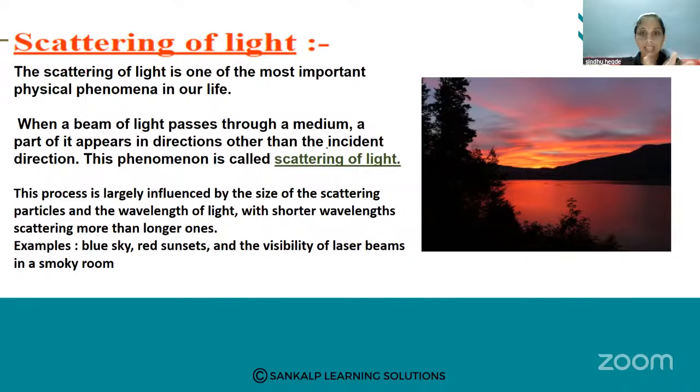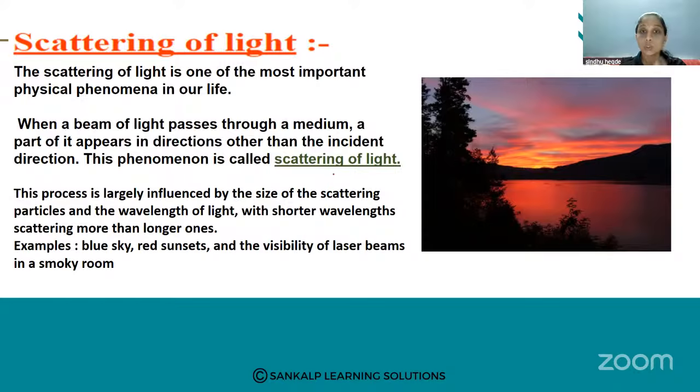What is this scattering of light? Now we have seen refraction of light, right? So scattering of light means, what is the spreading of light? See, when the light passes through our atmosphere, that atmosphere contains different size of particles, right? Different size particles are present in our atmosphere, like some small size particles and some big size particles.